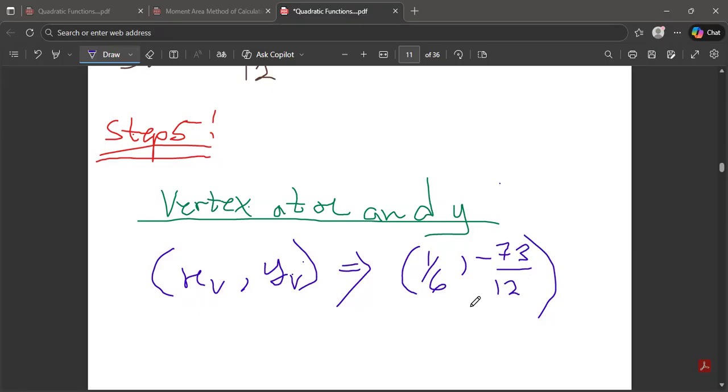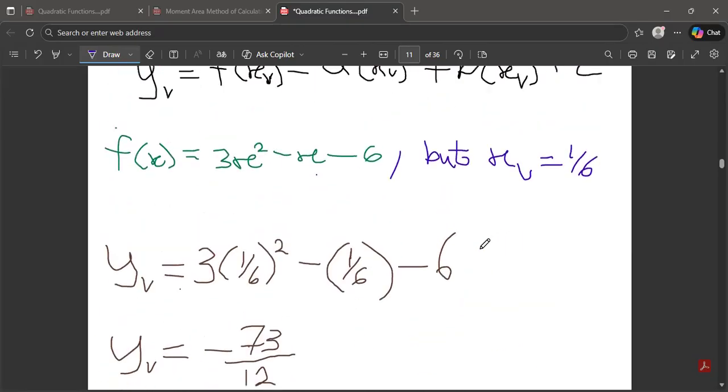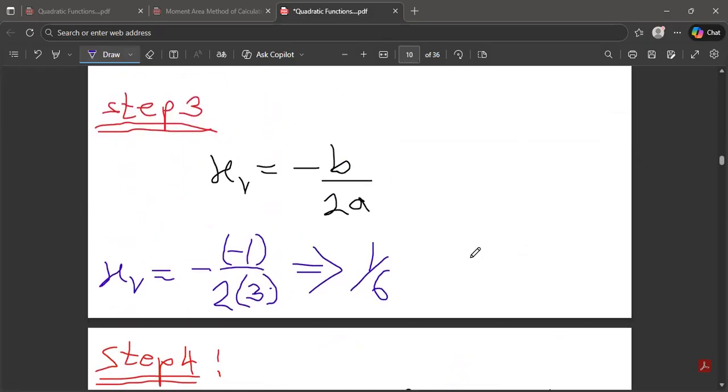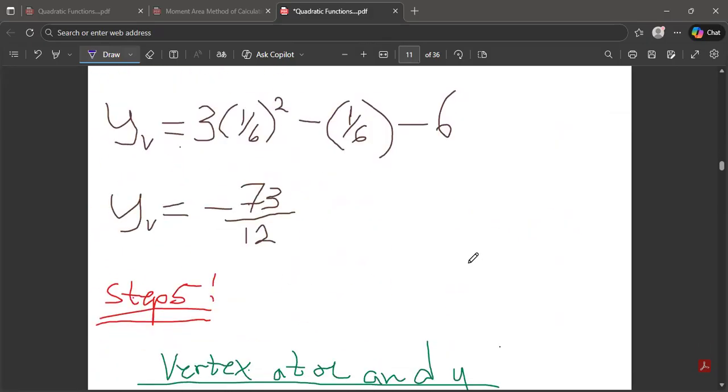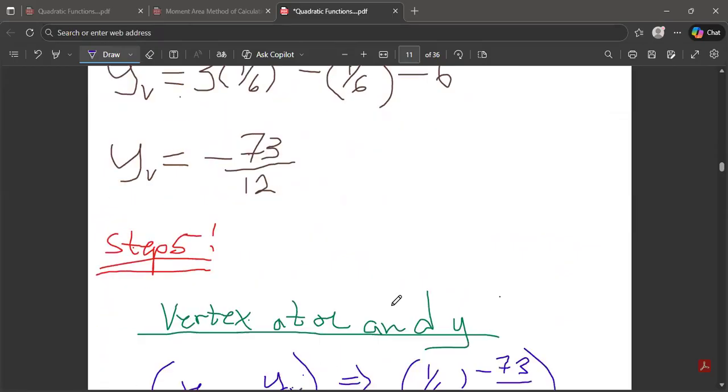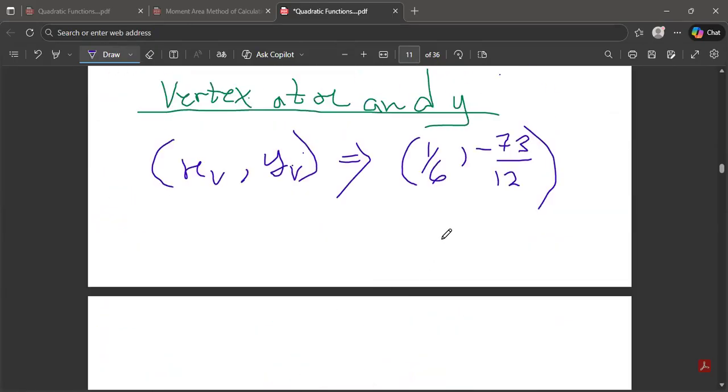From common sense, I told you that the x is always the turning point. So what can you say? The graph, did you say it's going to be a maximum or a minimum one? We say it's going to be a minimum, right? So from conclusion, you can say that the graph is a minimum graph and it occurs at x is equal to what? 1/6.